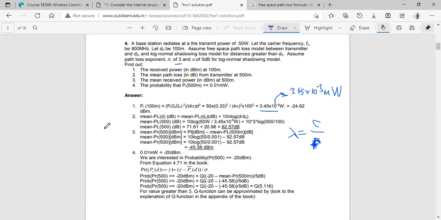Moving on to part 3 of this question, we have to find the mean received power in dB at 500 meters.